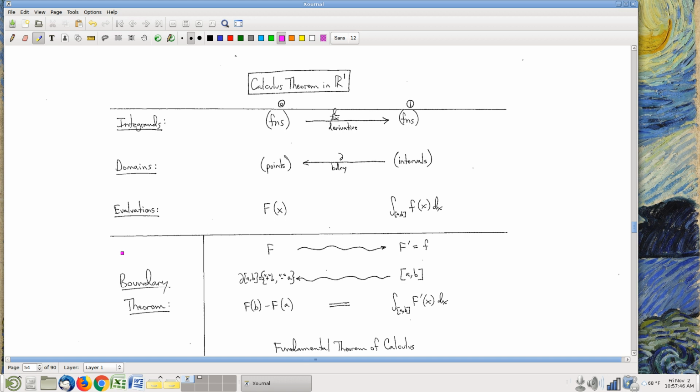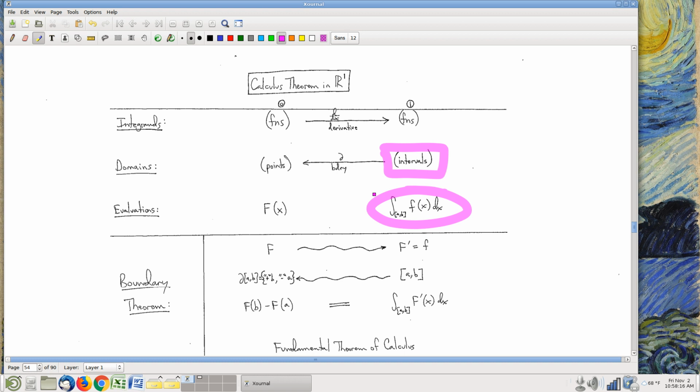What I'm going to call column 1 are objects involved in that question that are what I'm going to call ultimately one-dimensional. So one-dimensional, meaning that if you look at the set of points, here we have a one-dimensional interval. That's a collection of points on the x-axis, A to B, that kind of a thing. That's a one-dimensional thing.